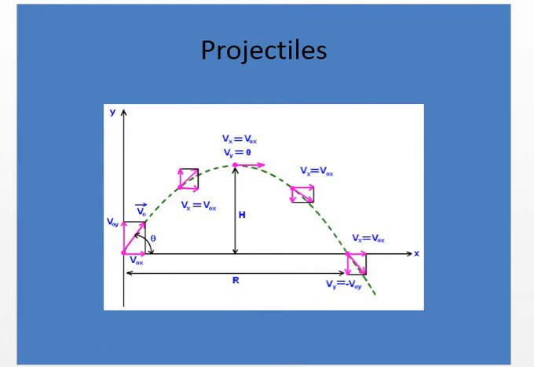The good thing about this is that it increases its speed by the same amount that it decreases on the way up. So as it falls down, it's going to pick up speed at the same rate every instant. So when you get to the exact same point that it was launched at, it will have a speed that's exactly the same in the y direction, but it'll be negative because it's going down. So projectiles are really, really symmetric when we don't have to worry about air drag.